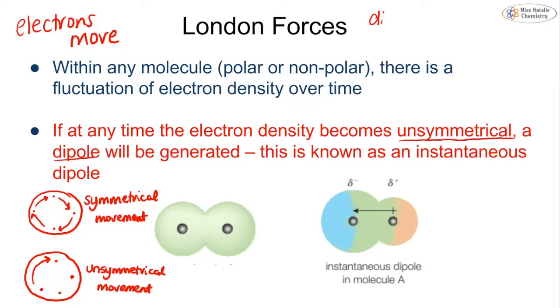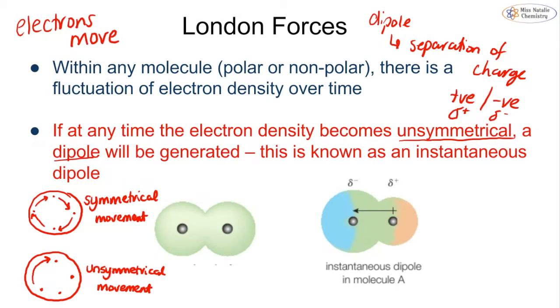Now remember, a dipole is a separation of charge. So that means that we have a positive end or a negative end, and it could even be a delta positive or delta negative. And that's what happens in this particular instance.